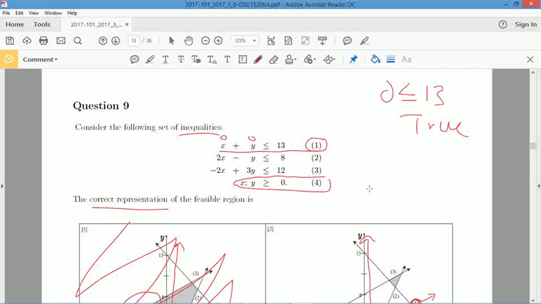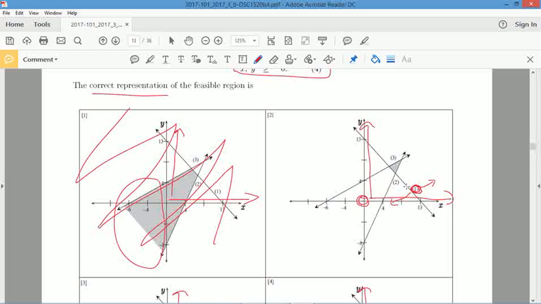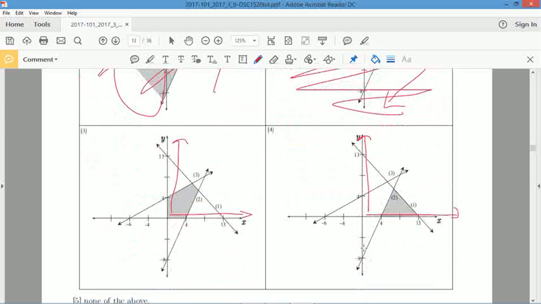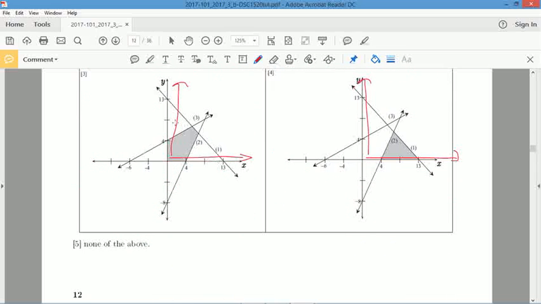So if I'm looking at graph 1, I would be looking at everything on this side of the line, because that makes the inequality true. That section there is on the other side, so this is also out. Let's go back and look at these. Are we looking at this side of the line? Yes. Are we looking at this side of the line? Yes. So I'm happy with that as being a possible answer.